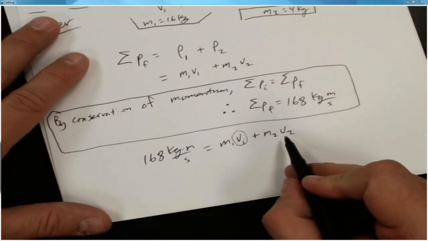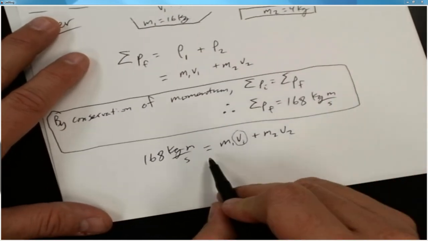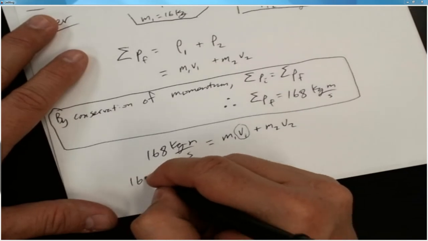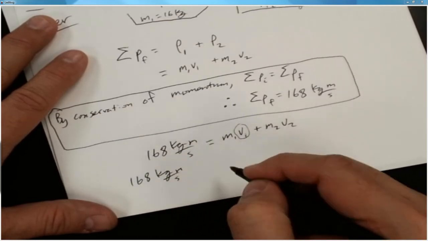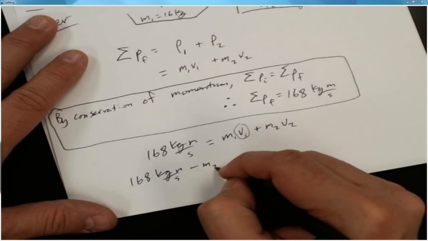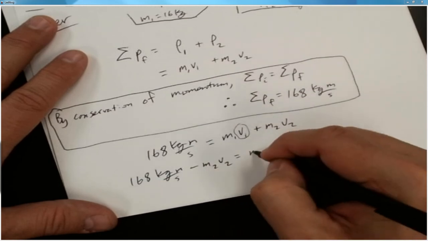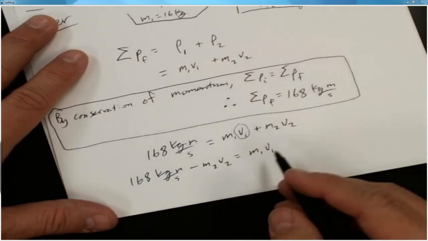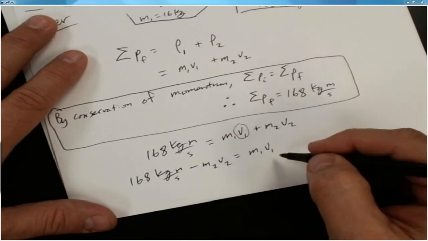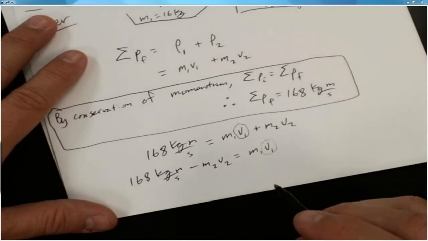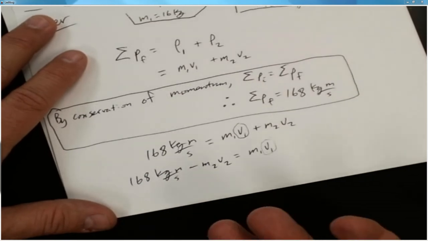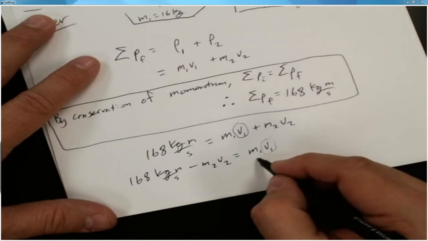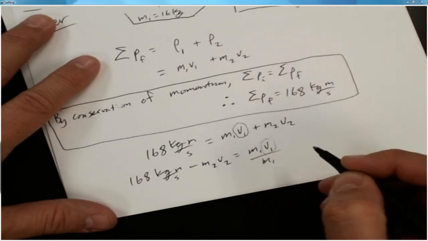So you remember from your algebra class, you can subtract M2V2 from both sides. So 168 kilogram meter per second minus M2V2 is equal to M1V1. Now, I want to get V1 by itself still, but it's multiplied by M1. If two things are multiplied together and I want to break them up, what do I need to do? You should know that. It's divide. So then I divide both sides by M1.